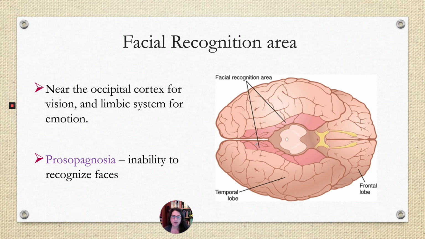Apparently we have a large area of cerebral cortex that helps us recognize faces. Facial recognition is extremely important for social creatures such as ourselves, and even other animals that are social animals. Facial recognition is important for them too. And the inability to recognize faces could be due to damage to these areas.